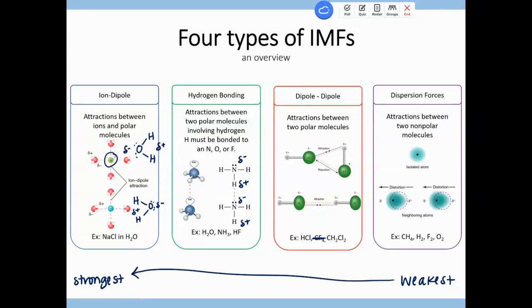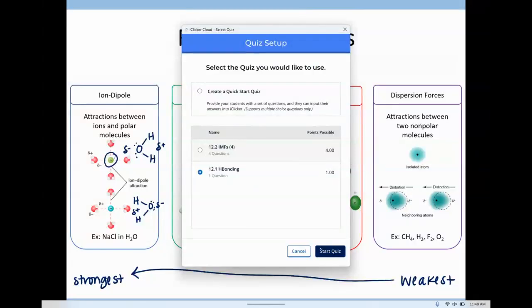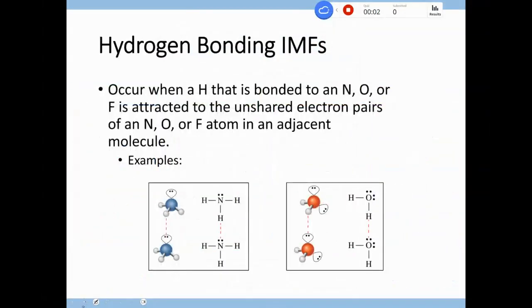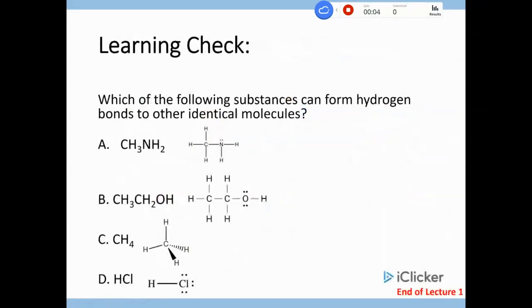All right, one iClicker question for you all. You are looking at a list of molecules, and you are selecting any, there may be more than one option, but you can only select one. Any molecule that can have hydrogen bonding interactions between molecules, assuming it's a pure substance.